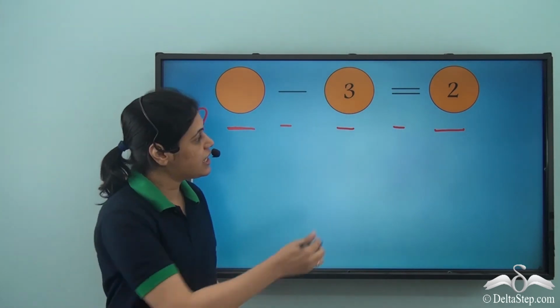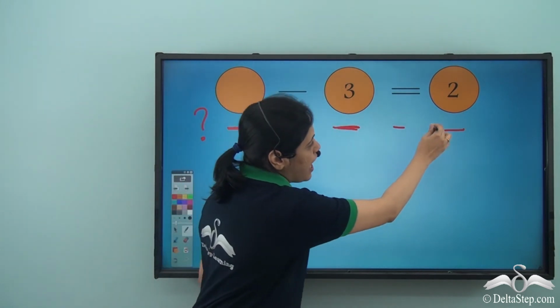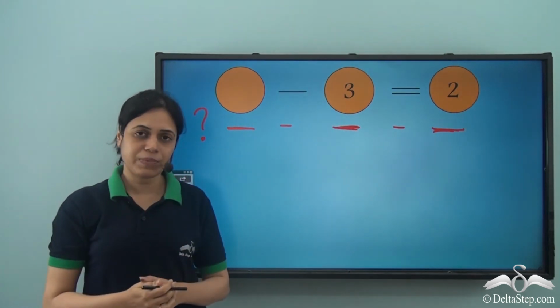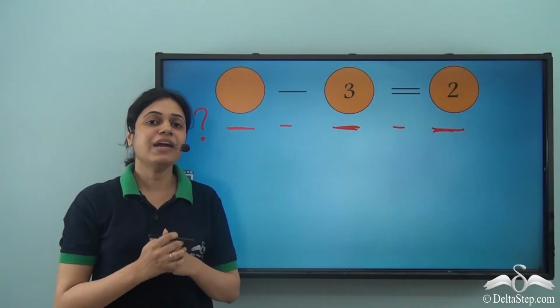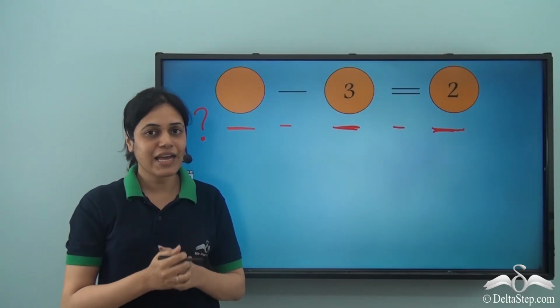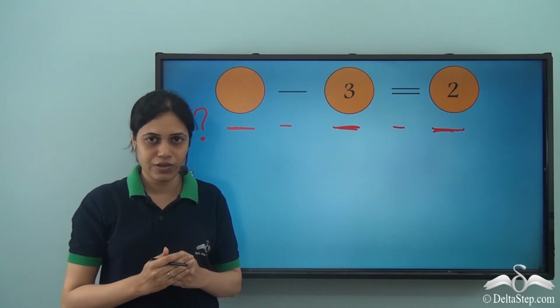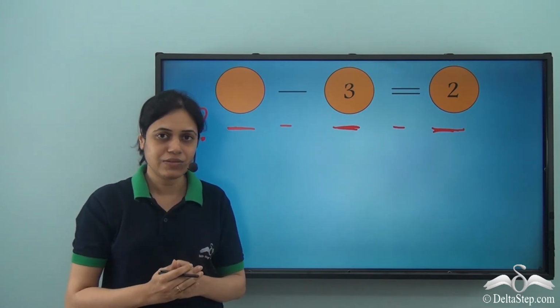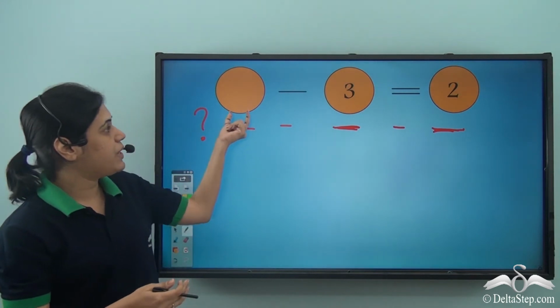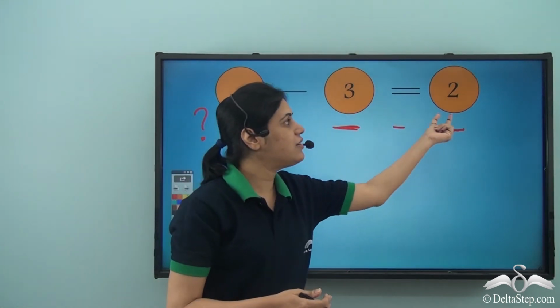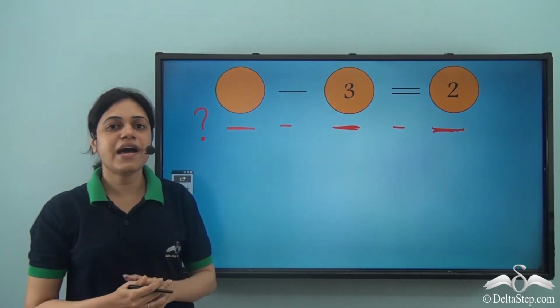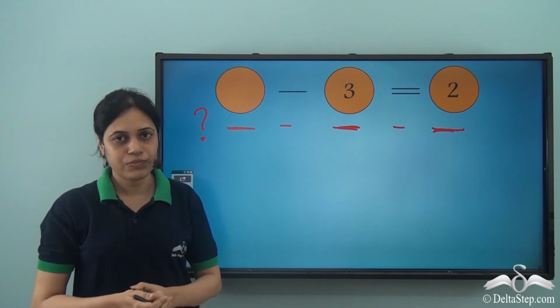And after I gave you 3 cupcakes, I was left with 2 cupcakes. Now if I add two numbers, I get a bigger number because I am putting things together or combining things. So to get a bigger number, let us add these two. Let us add 3 and 2.